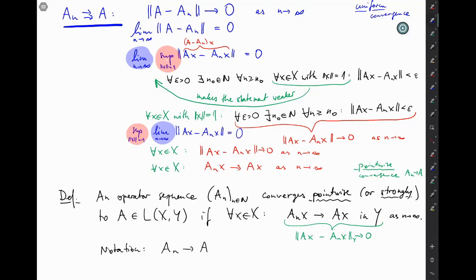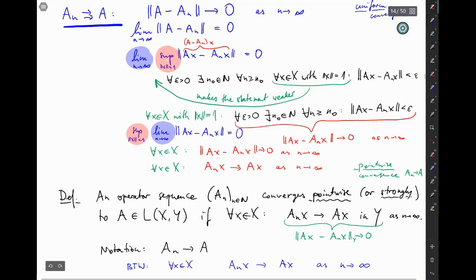Okay, and then just as a side remark, why do we call it strong convergence if it's weaker than uniform convergence? Well, because there is another even weaker convergence, and that's what's called weak convergence usually. And there you expect even less than that. You expect that for all functionals, for all elements of the dual space of Y, the functional applied to this converges to the functional applied to that as n goes to infinity.